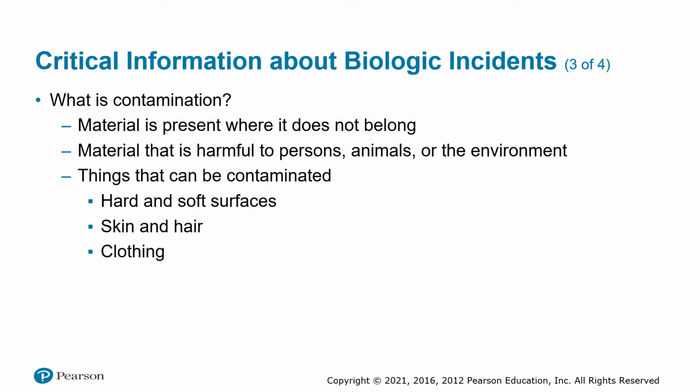Then there's contamination. This is a material that is present where it does not belong, and that is harmful to persons, animals, or the environment. Things that can be contaminated are hard and soft surfaces, skin and hair, and clothing.